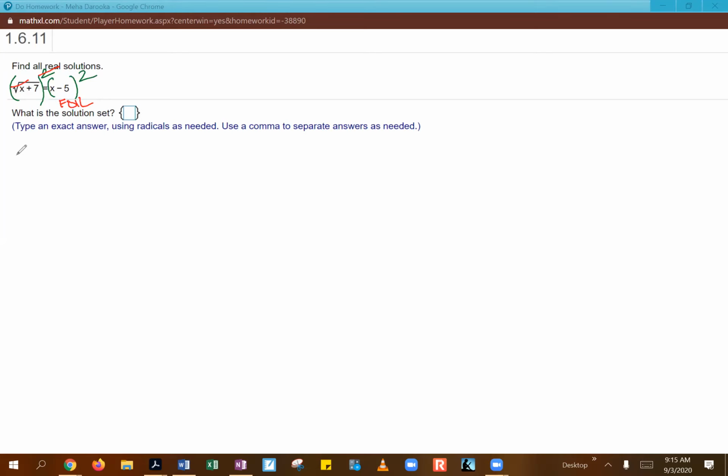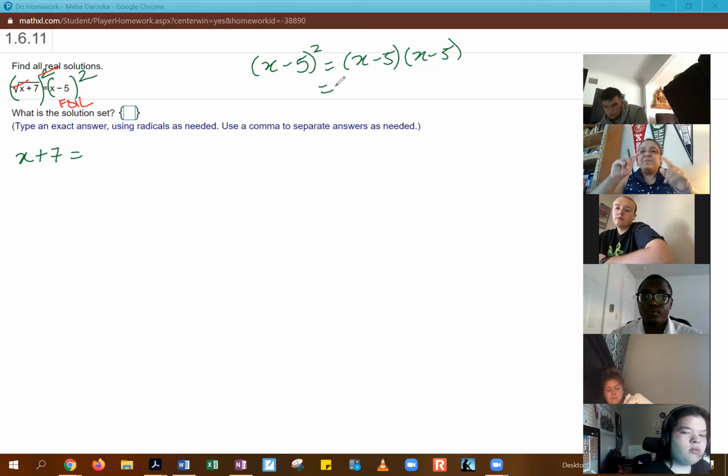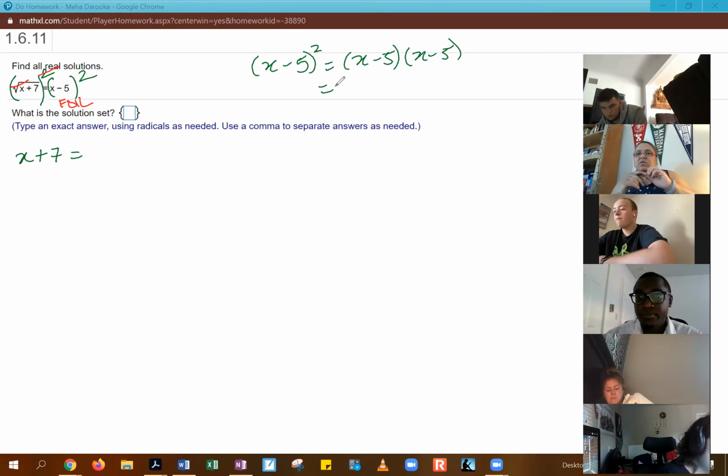So that should end up giving us, let's see, on the left, the square root and square cancel out. So we're left with x plus 7. And then what happens when we FOIL our x minus 5 quantity squared? I think this will give us... Will it be x squared plus 25? No, because remember, this is where we also multiply the inside terms. So you should get 3 terms in your answer. Oh, okay.